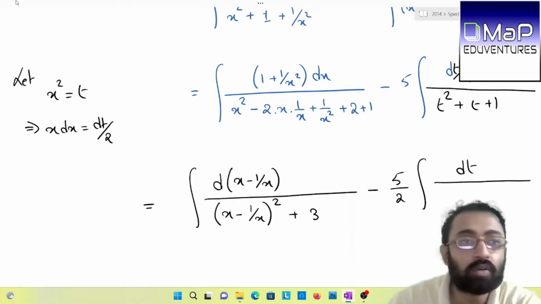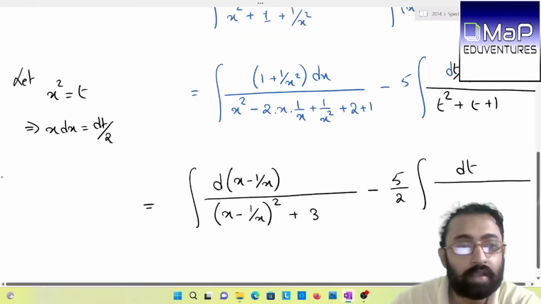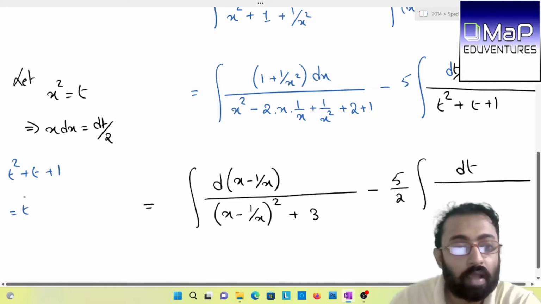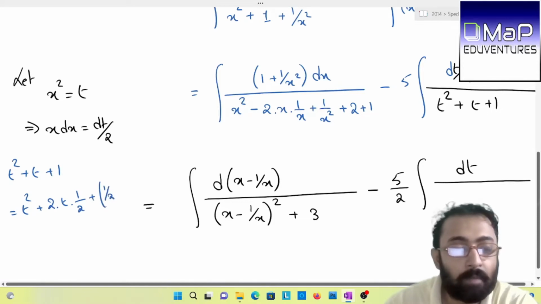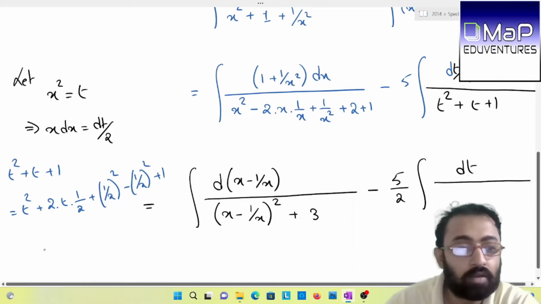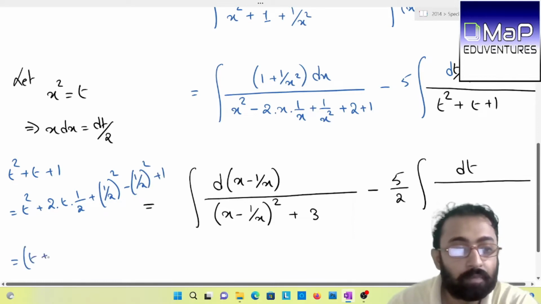In the second part, here we have to use completing square again. Now let us see: t square plus t plus 1. We will have t square plus 2 times t into half plus half square minus half square plus 1. So we are going to have (t plus half) whole square plus 3 by 4.